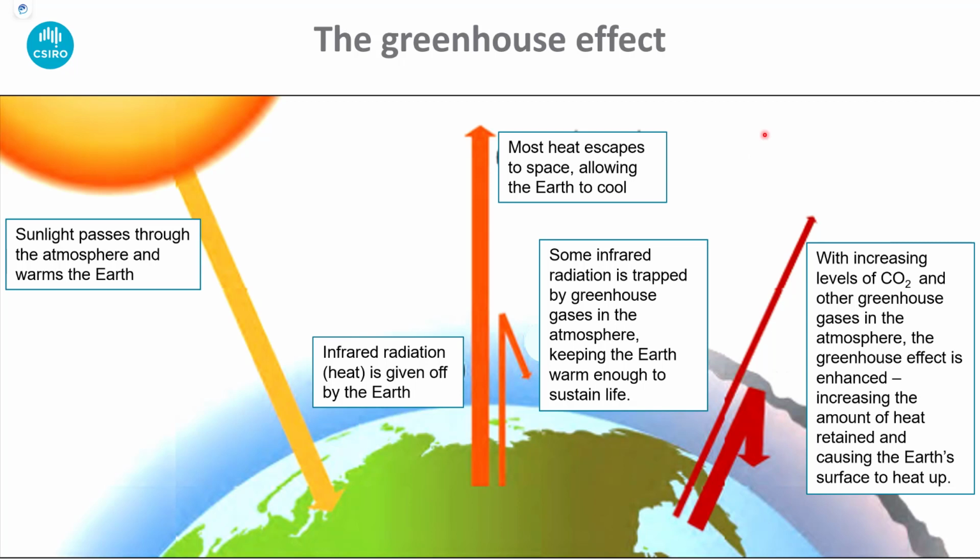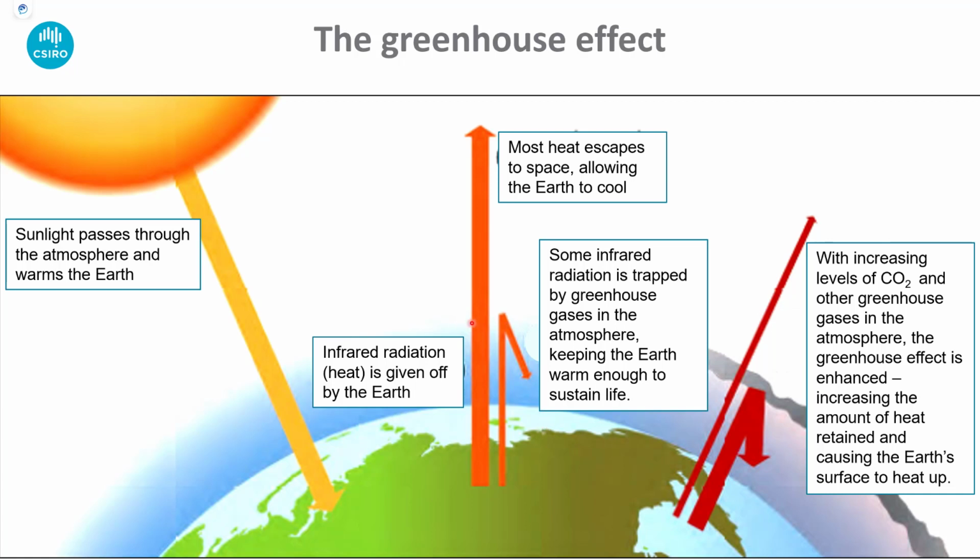So in a nutshell, the greenhouse effect is when the energy from the sun reaches the earth, it hits the earth and causes the earth to warm. The earth then radiates some of that heat back into space. Now, some of that radiated heat gets intercepted by gases in the atmosphere, the so-called greenhouse gases, and they cause the heat to be re-radiated back down to Earth.